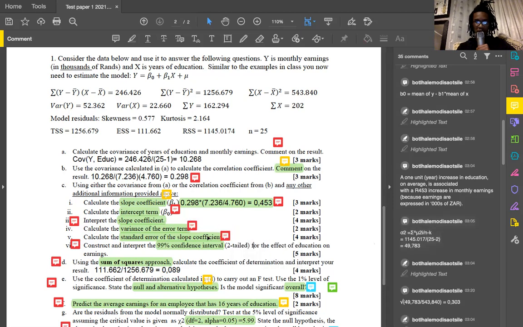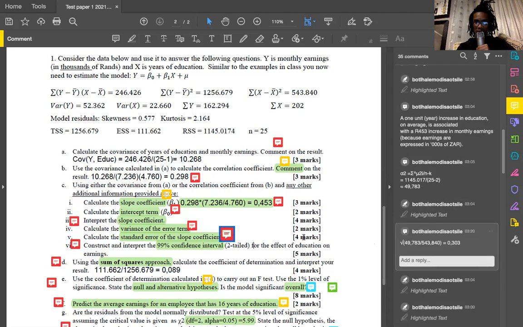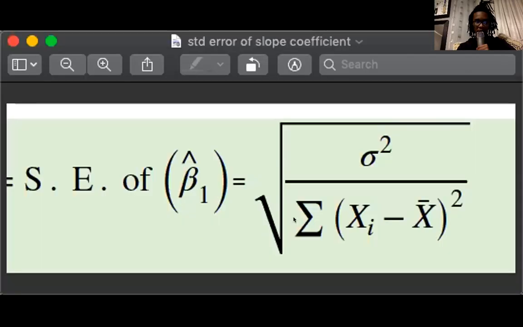Then standard error of the slope coefficient. Let's see, it's defined by this formula where you take the variance of the error term and divide it by the deviation of x minus x bar squared. So just to show you what I'm talking about, I'm referring to this right here. Let me just show you. Yeah, I'm referring to this right here.